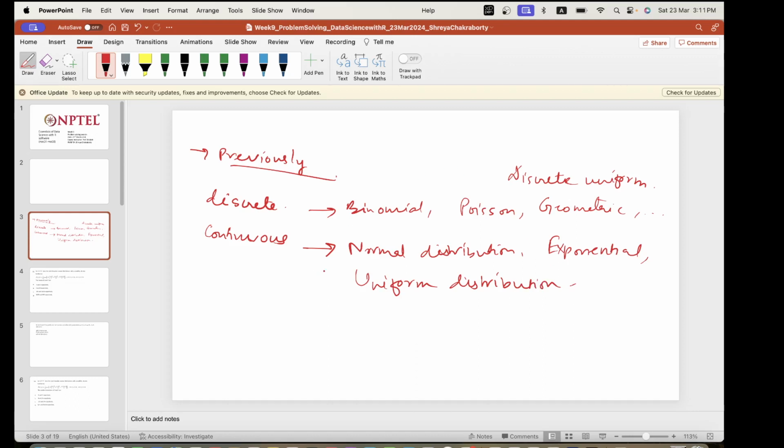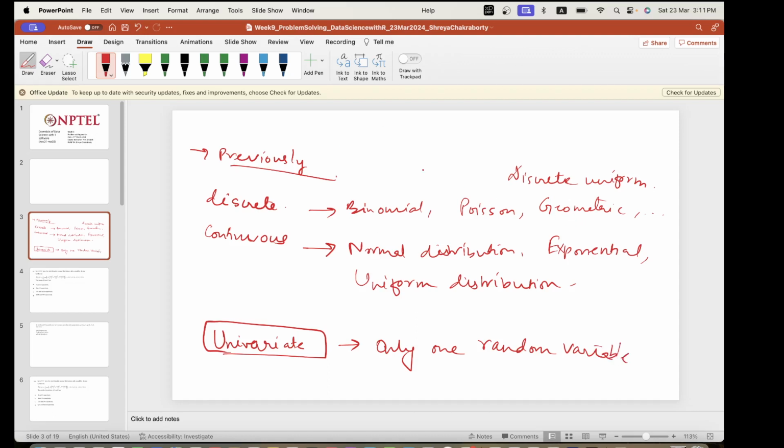Those were cases when only one variable was considered. It was a univariate case, that is only one random variable, and that could follow either of these distributions.